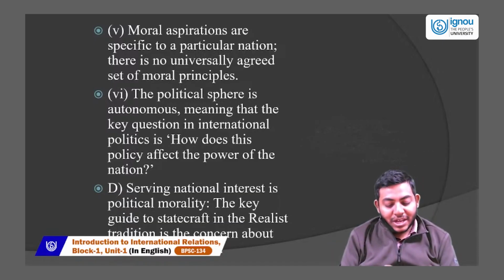It also depends on the capability of a nation to convert its resources into power. So different nations have different capabilities in converting their available resources into power. So that capability determines the foreign policy of states. And he also says that the personal relations between different leaders also determine a state's foreign policy behavior to a large extent. So these factors also need to be taken into account.